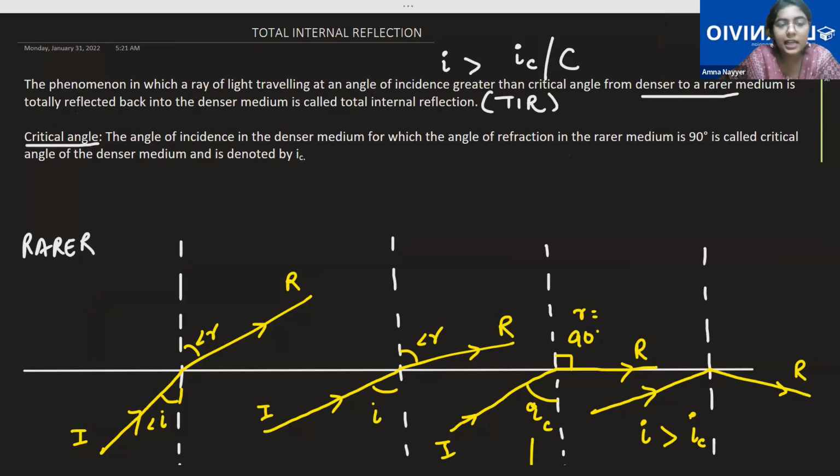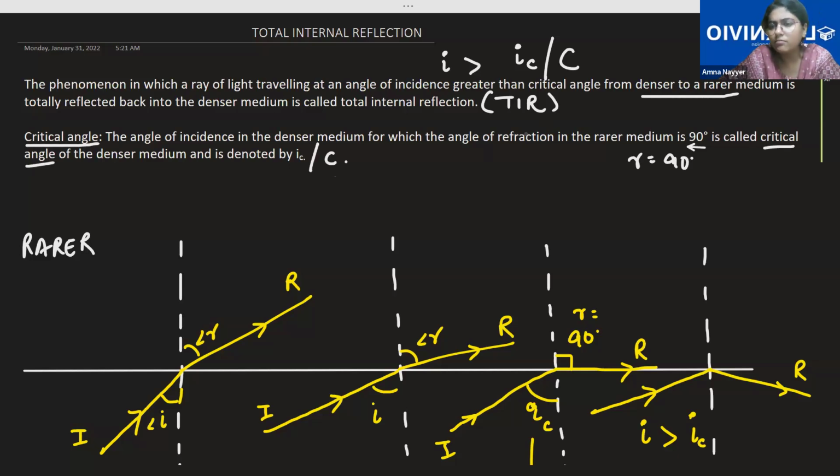Now, what is the critical angle? The angle of incidence in the denser medium for which the angle of refraction in the rarer medium is 90 degree is called the critical angle of the denser medium, denoted by IC or C.